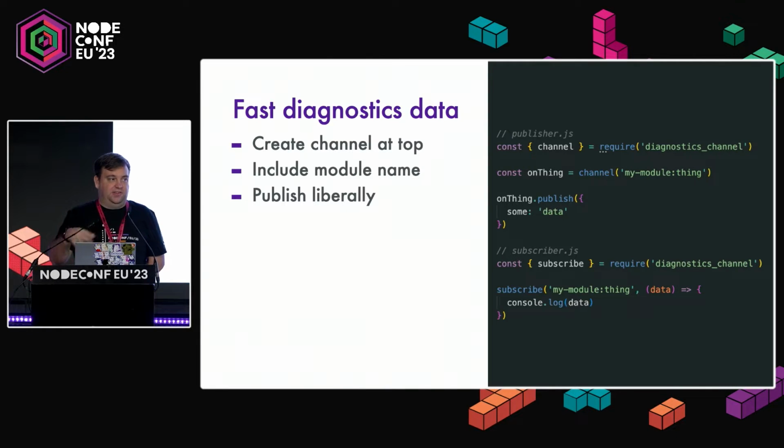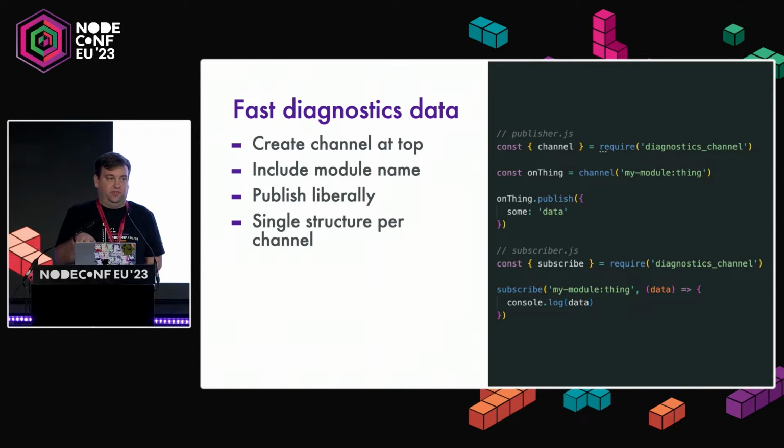And it's designed so that you can publish very liberally. With a normal event emitter, you emit with the name and the data, and because you pass in the name, it has to go and look up where all the handlers for this name are. But with a channel object, it doesn't have to do that lookup. It's just a pointer to the channel, so V8 is smart enough to just go and find it. So it's a lot faster.